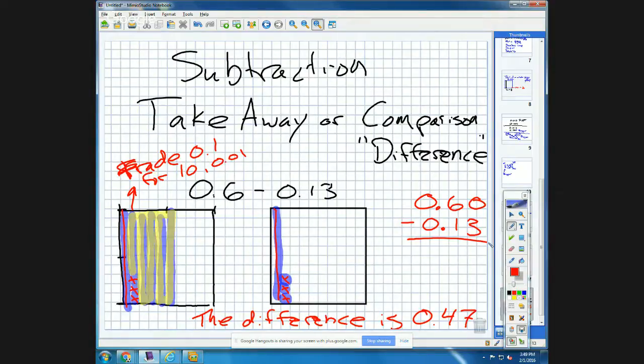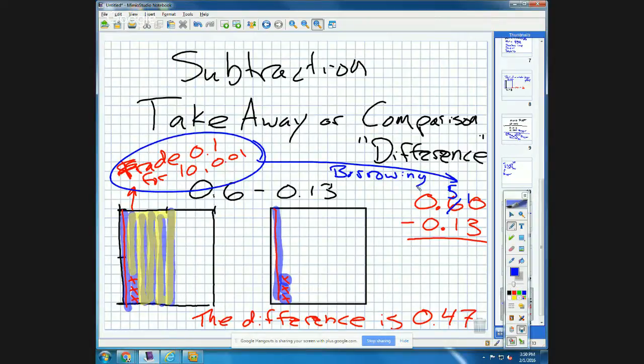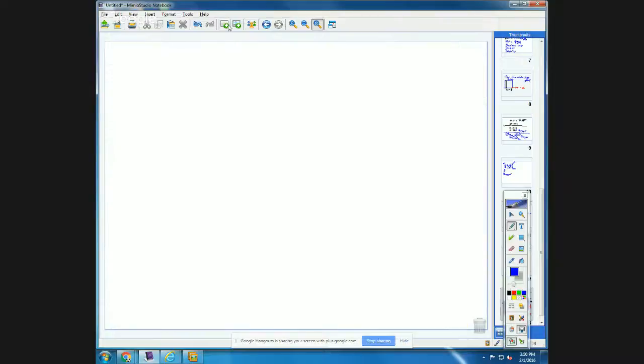And then when I actually go to do the work here, I realize I have to borrow one of those tenths. So there's my 10 hundredths, right? So that's my trading in is borrowing. And so I have 7 hundredths left, and there's my 4 tenths remaining. All right, so that's subtraction.